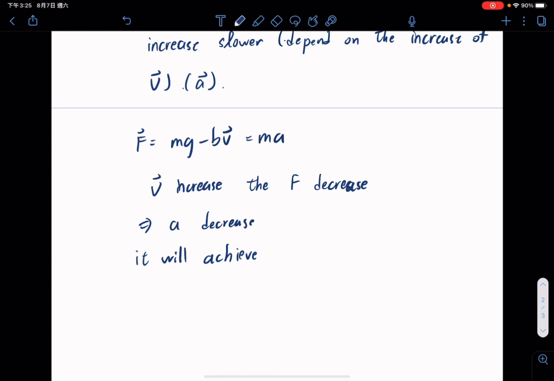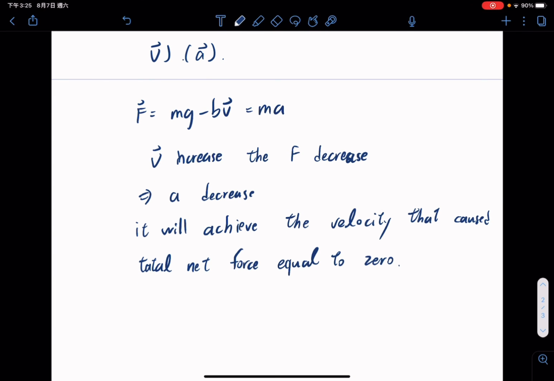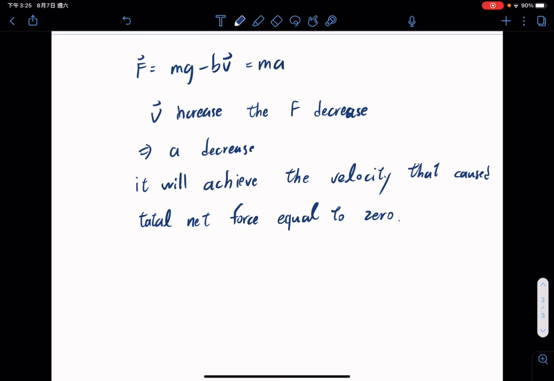It will achieve a velocity that causes the total net force to equal 0.